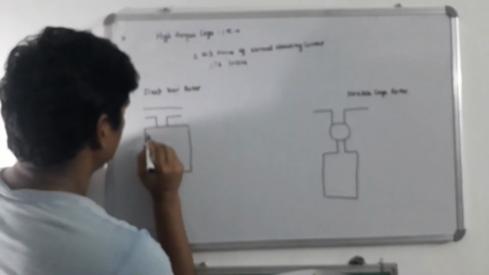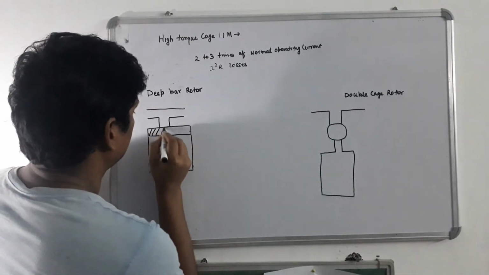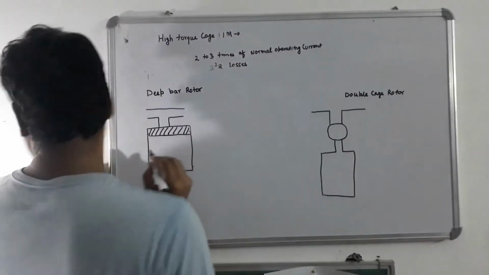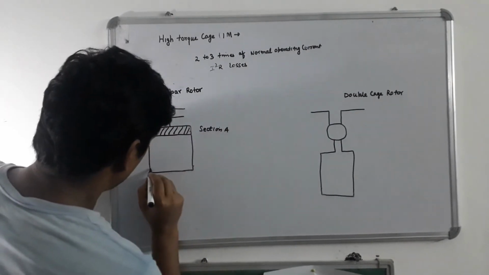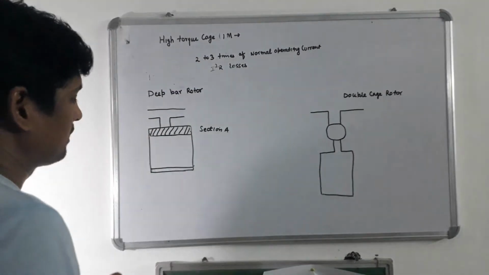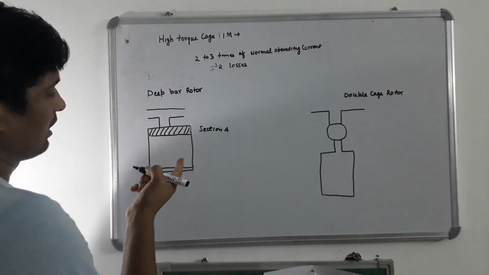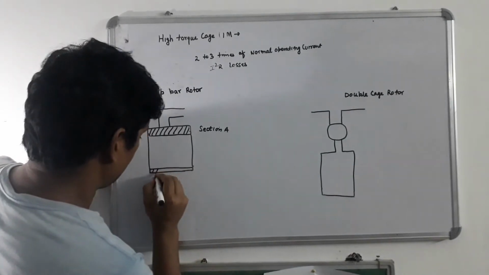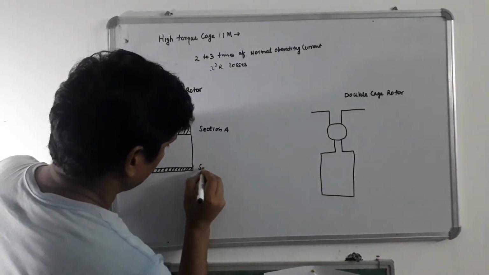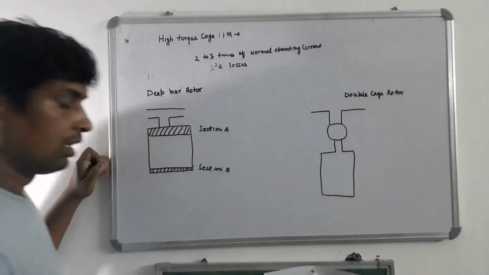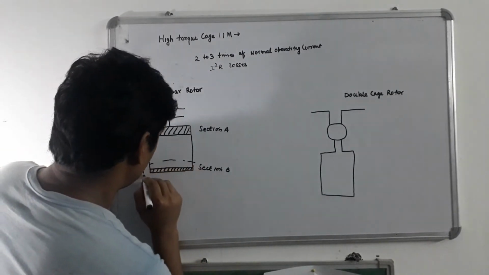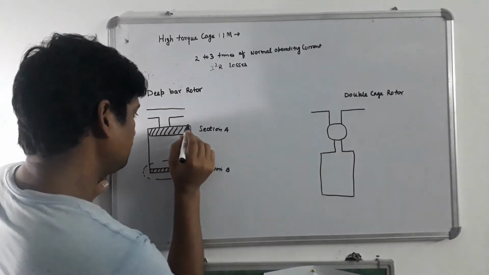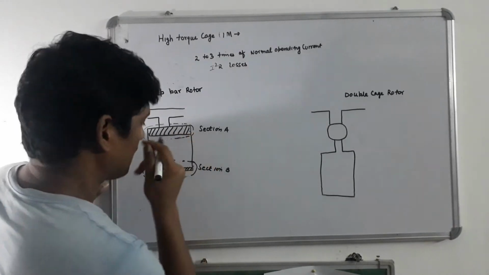The deep bar rotor has two cross section areas: the top, known as section A, and the bottom, section B. The cross section area of section B is lower than that of section A. There will be higher leakage flux in the lower cross section area and minimum flux linking to the upper cross section area.